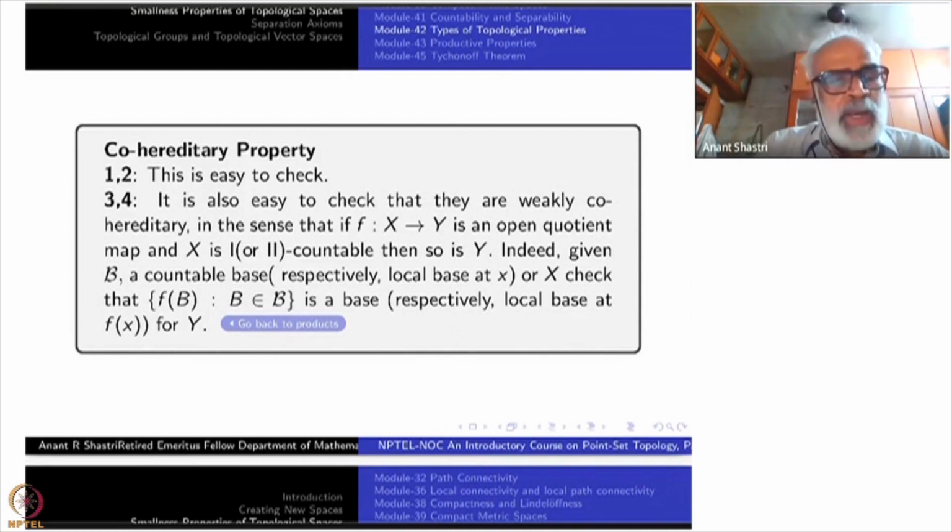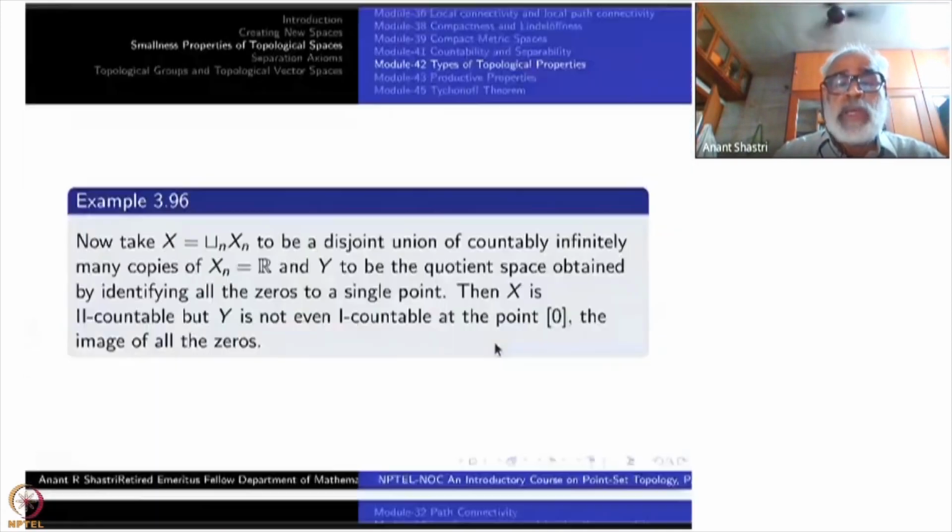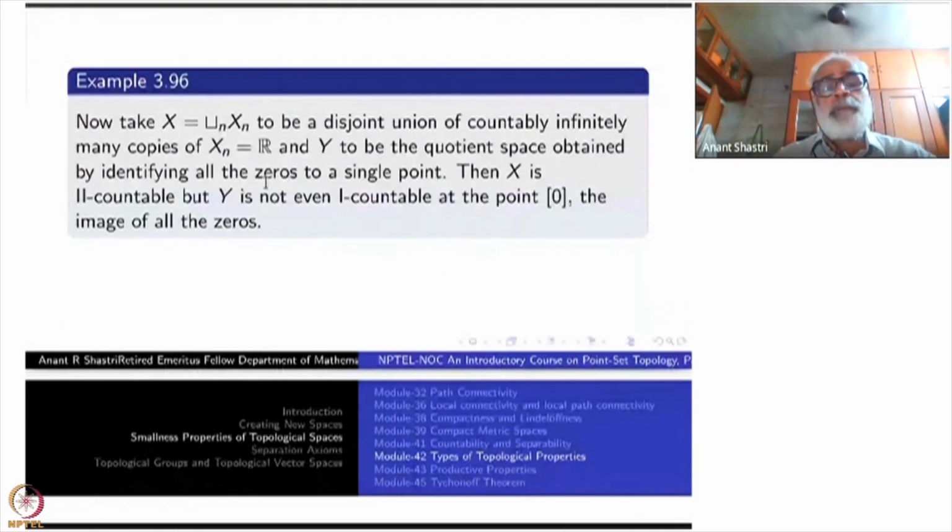So what is the equivalence class? Whenever it is 0 cross something, it is equivalent to 0 cross that. All other points are singleton classes. So that is the quotient set. Give it the quotient topology. Something is open in the quotient space if and only if its inverse image is open in the disjoint union of all these copies of R. So that is my example here.